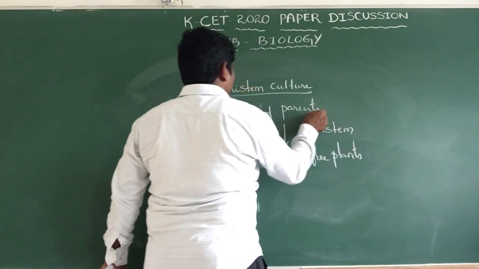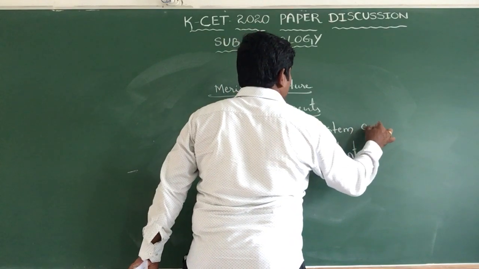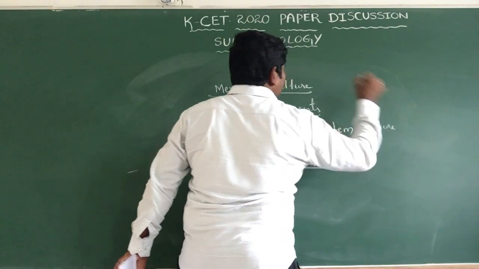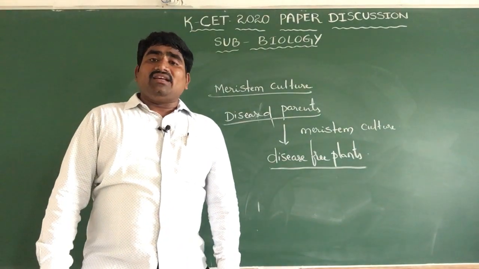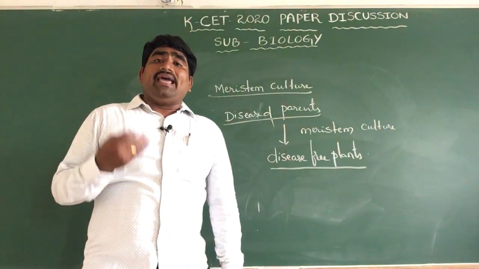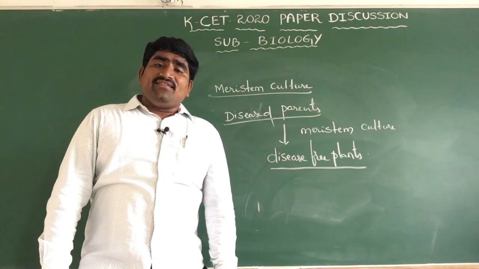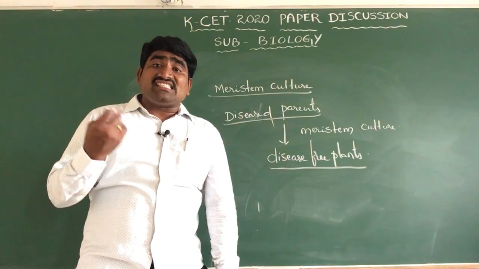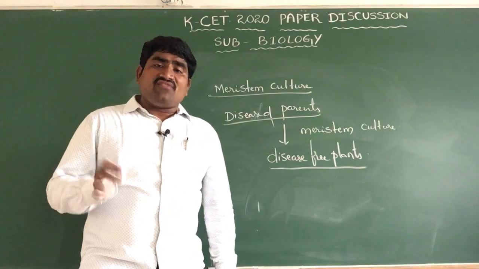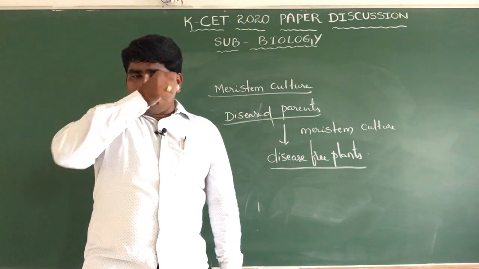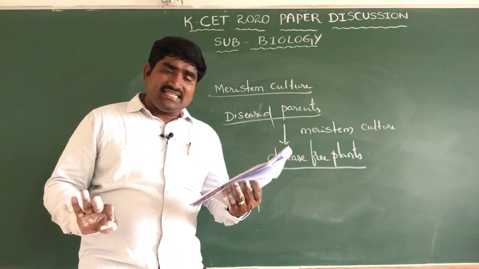When the parent plant is diseased, disease-free plants we can produce by meristem culture, because the meristem is free from virus and microorganisms, because the virus replication is slower than the meristematic cell division rate. Cell division rate in meristem is faster than the replication of viruses, so the viruses cannot be present in meristem.